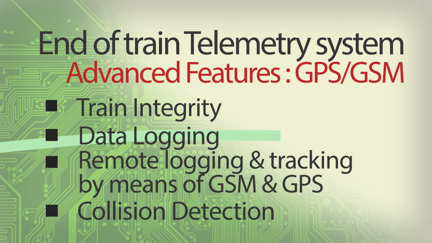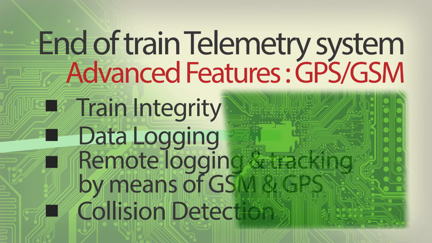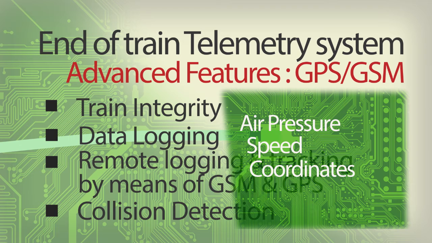Both the EOT and HOT have internal logging capabilities. The following conditions can be logged: air pressure, speed, coordinates, and battery power. This data can be downloaded by means of a computer.